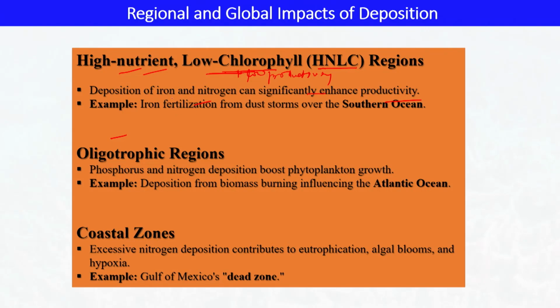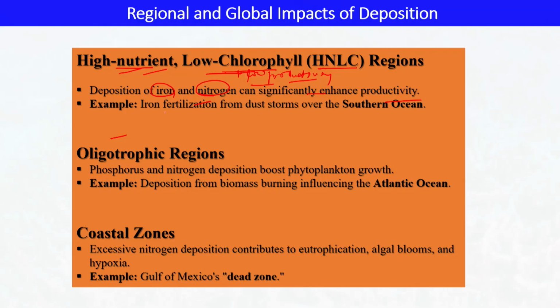In these regions, other nutrients are already present, but they are limited by nitrogen and iron, which are key nutrients that are needed. Because their concentration is low, these regions will not see high productivity, and the productivity will be very low.